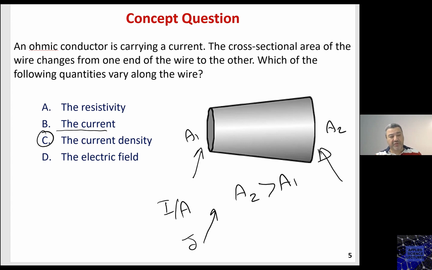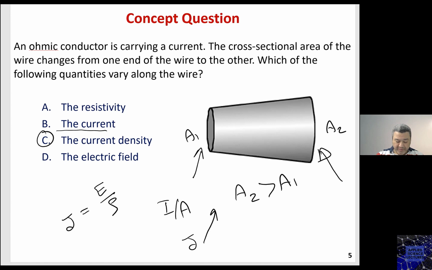What else? Electric field. Does the electric field change along that wire that has a cross section that is increasing? Well, based on the relationship that we have looked at earlier, where we said that the current density equals the electric field divided by the resistivity.